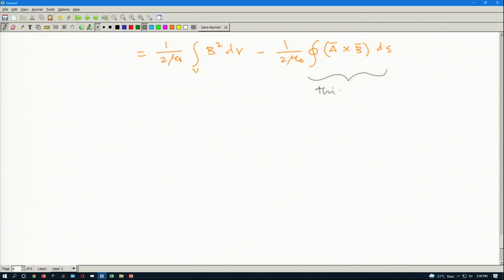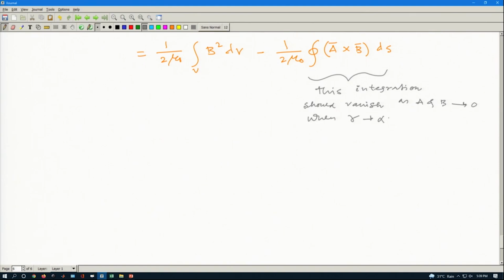So, this integration should vanish, as A and B both go to 0 when R tends to infinity.